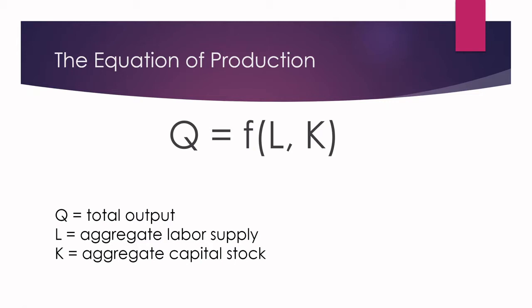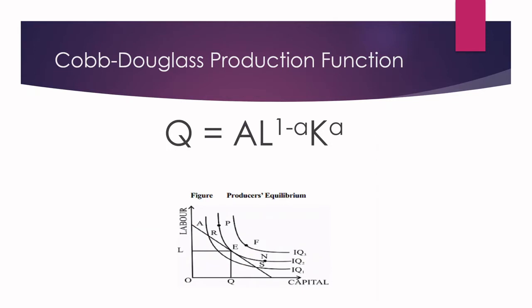Probably the simplest version of that would be what they call the Cobb-Douglas production function, where the output is equal to some constant A, a constant of proportionality you can ignore, times labor to the 1 minus a and capital to the a, where the little a goes from 0 to 1.